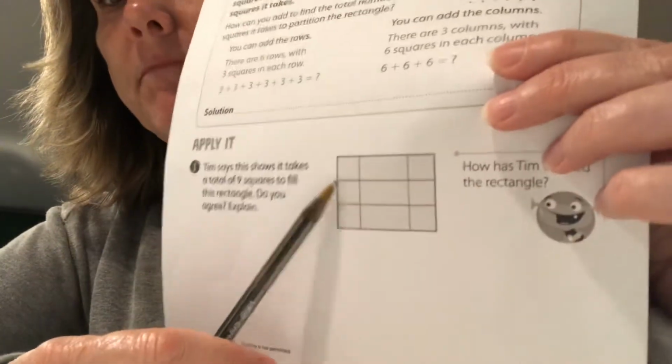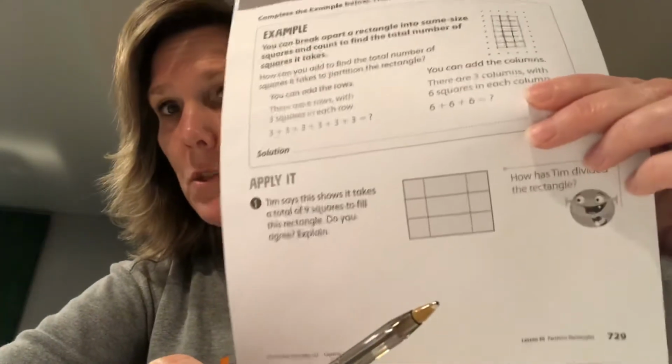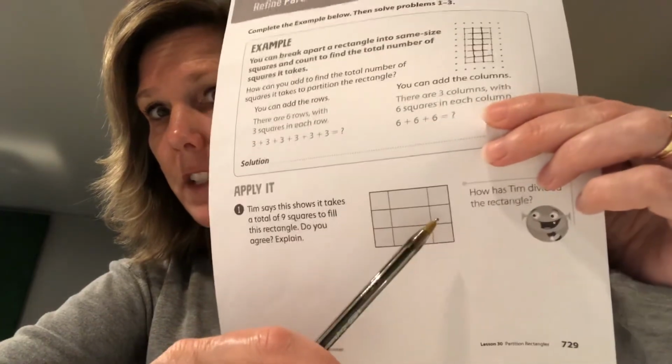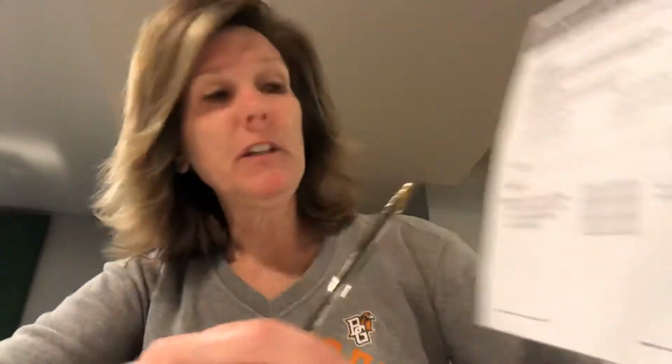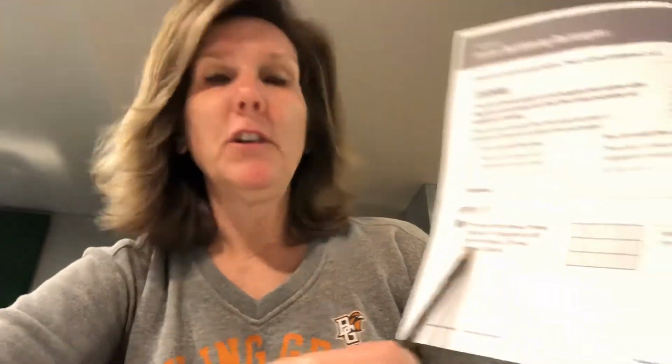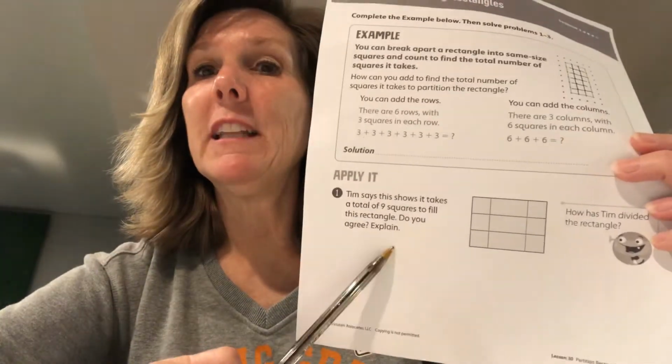Number 1 says, Tim says this shows it takes a total of 9 squares to fill this rectangle. And if you remember the definition of a square, are all of these squares? There are 9 shapes here. But it says, do you agree, and then explain.